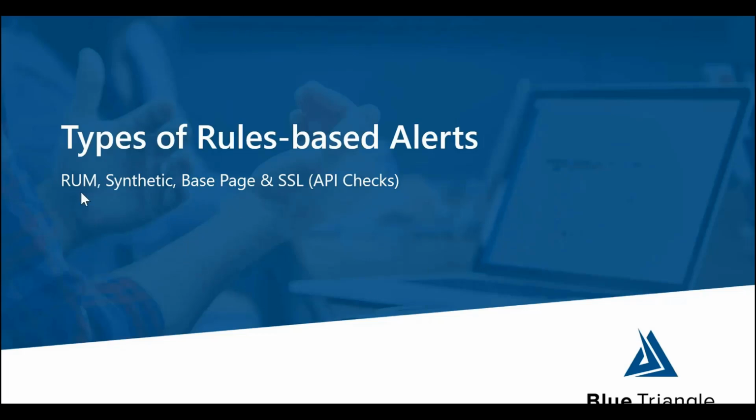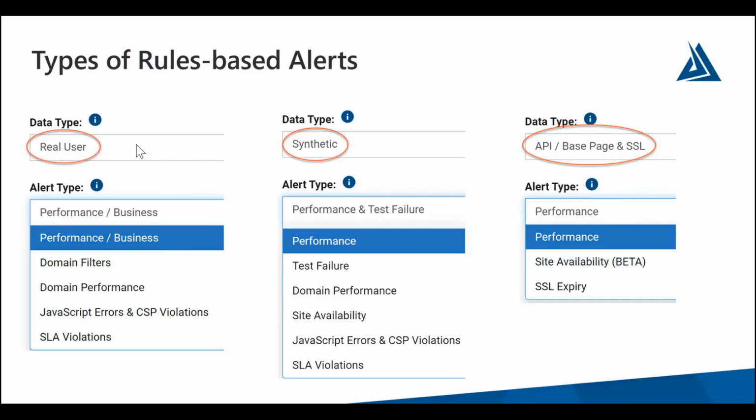Obviously there are going to be slightly different alerts depending on which data type you choose, and the options for data type are RUM, synthetic, and base page and SSL, otherwise known as API checks. With Real User, there are performance/business alerts, domain filters, domain performance, JavaScript errors and CSP violations, and SLA violations.